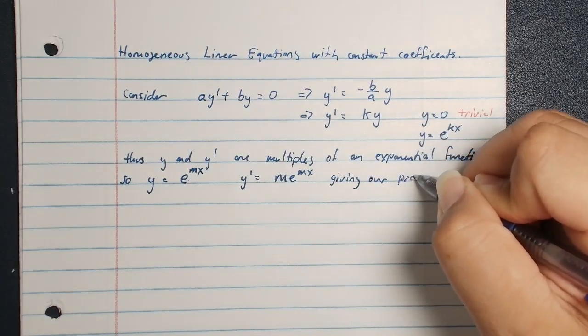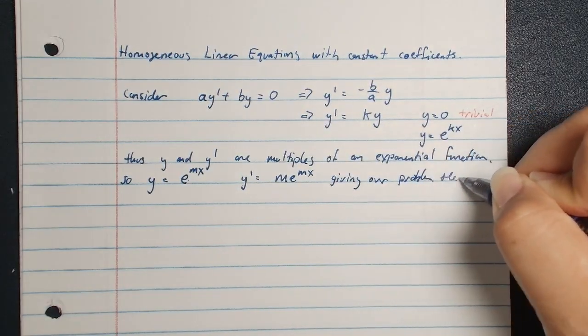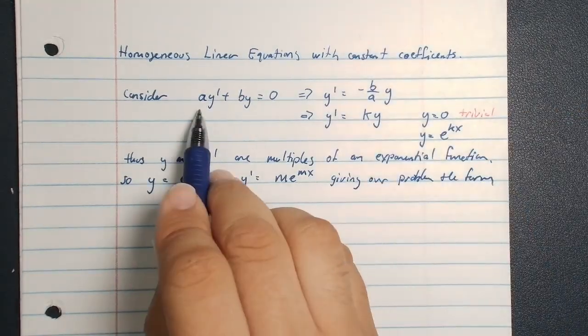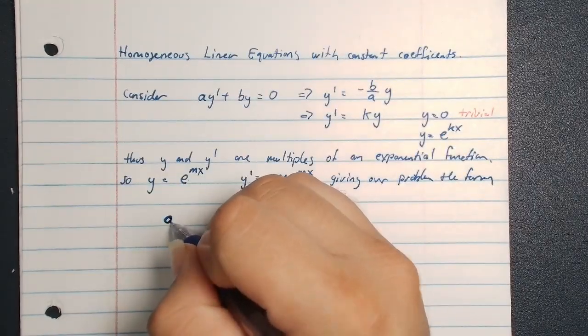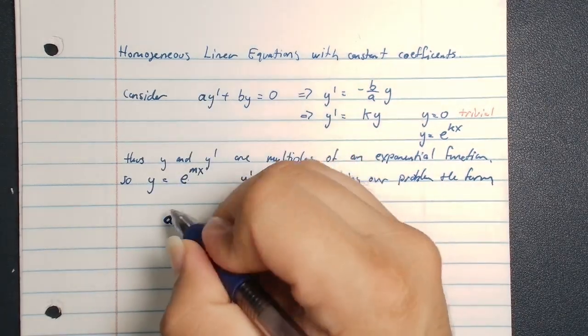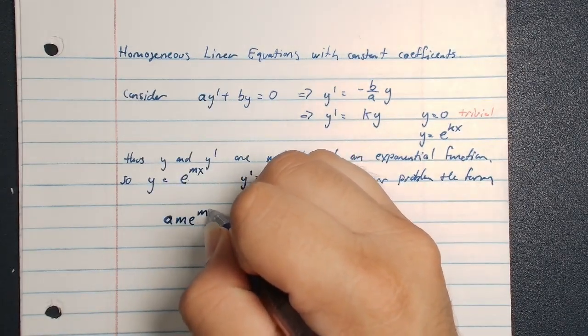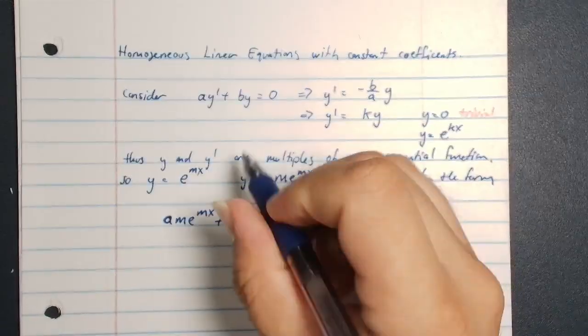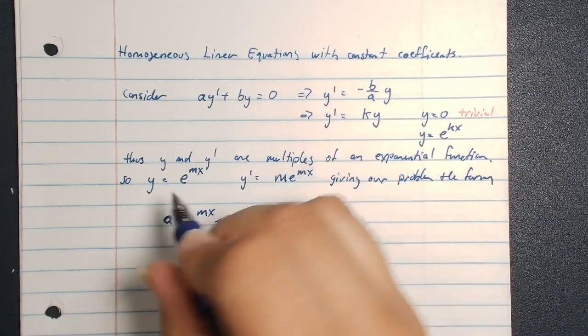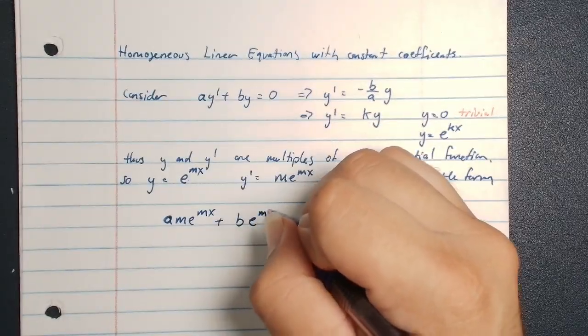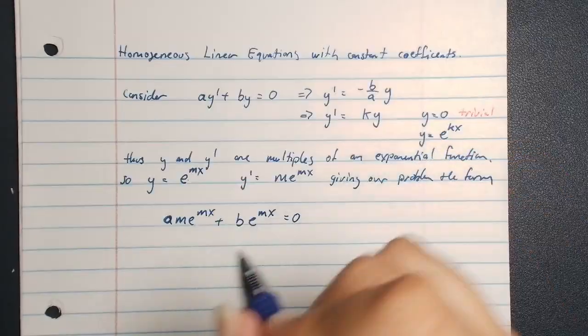Okay, giving our problem the form of, okay, so I've got an a up front, and then my y prime is m e to the mx, plus, then over here I've got a b up front, and then my y is e to the mx, equals 0.